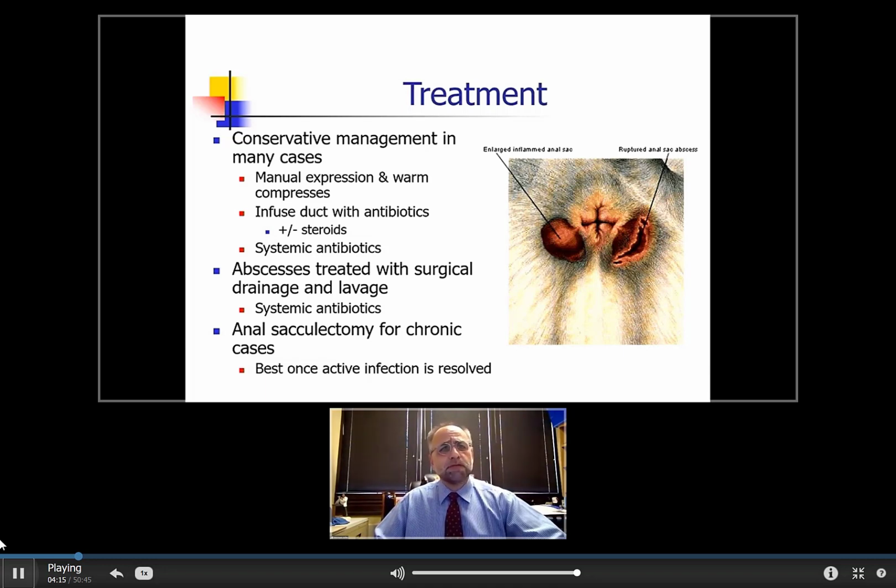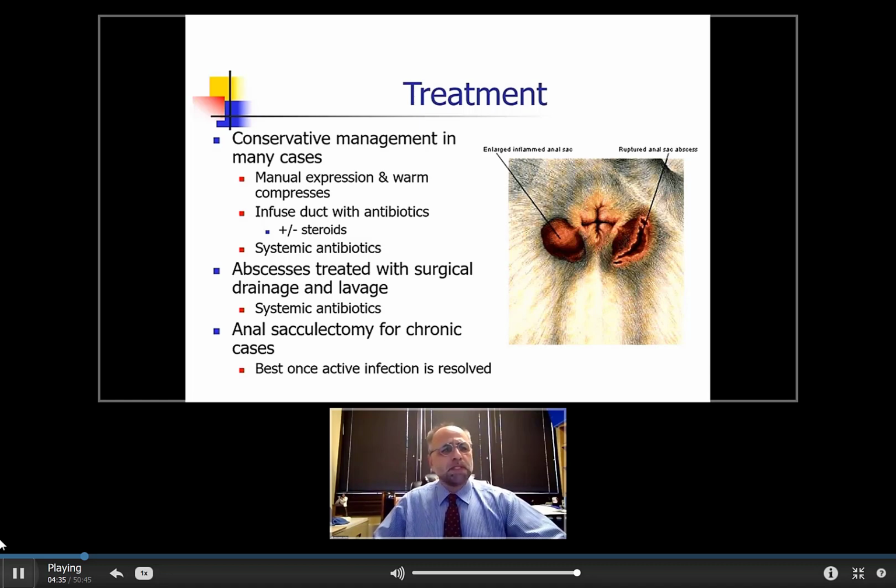When the gland ruptures or abscesses, at that point we have to get a little bit more aggressive. It usually ruptures externally, and so we do have to treat these as open abscesses with surgical drainage and lavage and systemic antibiotics, and many times these will heal up and close over on their own.